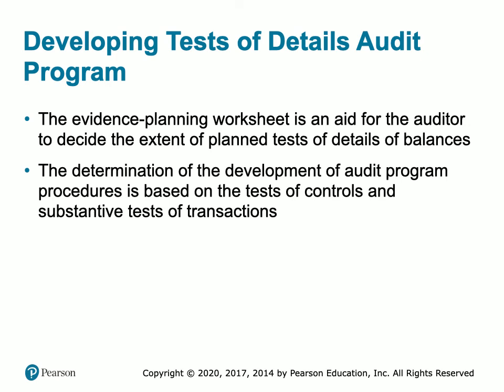You're not going to be deciding the procedures fresh out of school, but as you develop experience, you will be able to identify which procedures are going to provide you the best evidence based on the particular client and which are less relevant. And that's all part of the planning process, and then also reacting to the results that you see during the audit process. So we'll talk about sampling for accounts receivable confirmations in the next chapter.